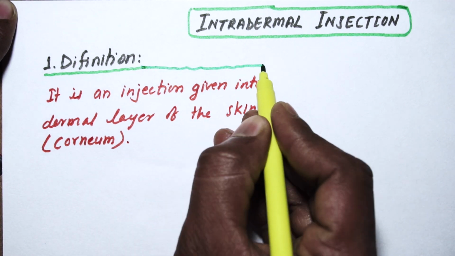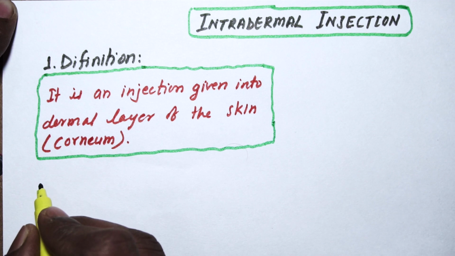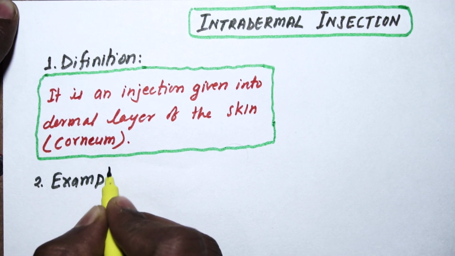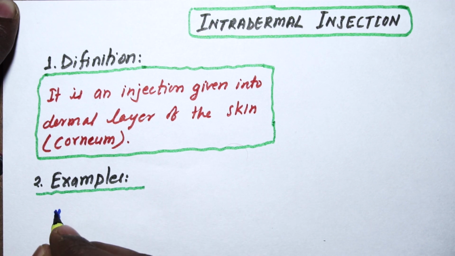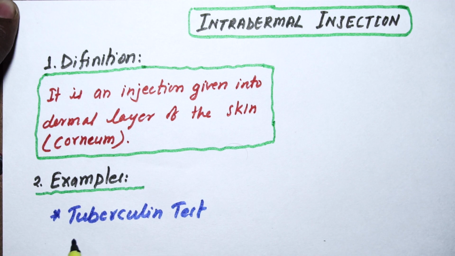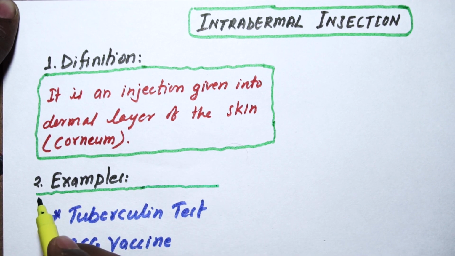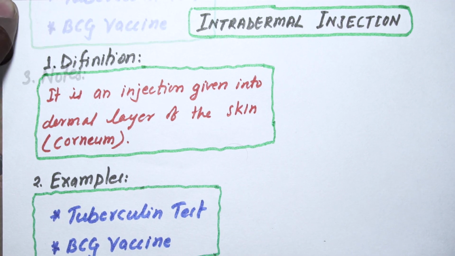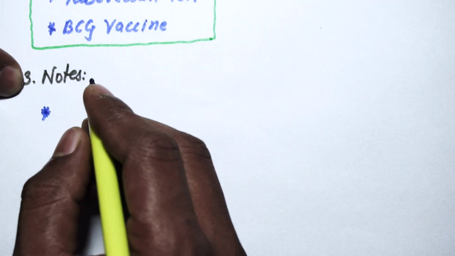Now we will see a few examples of intradermal injections. First of all is the tuberculin test, which is carried out for tuberculosis diagnosis. Second one is the BCG vaccine. Now there are a few notes regarding intradermal injection.